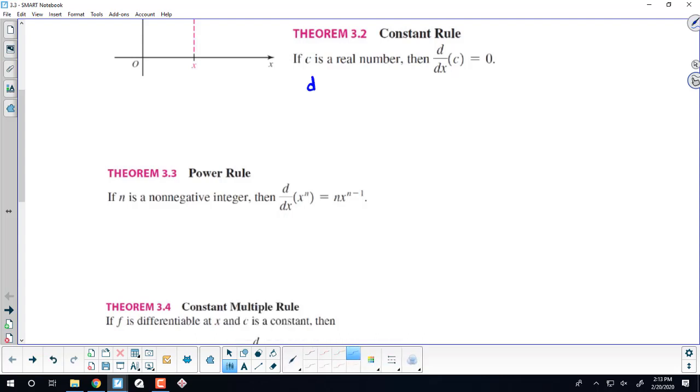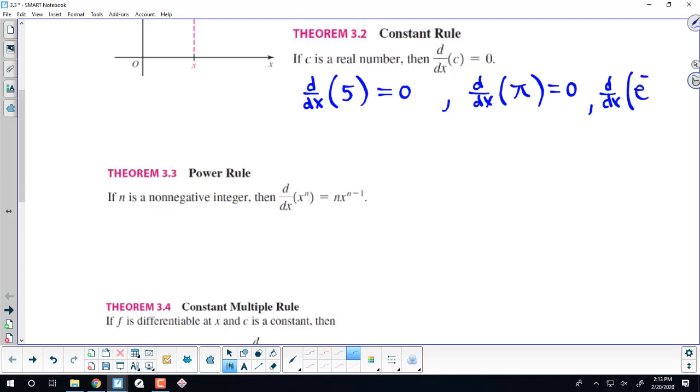So if we were asked to find the derivative of 5, it's 0. The derivative of pi is 0, and so forth. The derivative of e to the pi is 0. Those are all constants with respect to x. If we graph y equals 5, y equals pi, or y equals e to the pi, they're all horizontal lines.